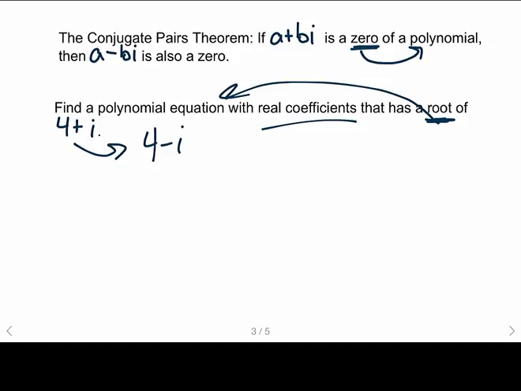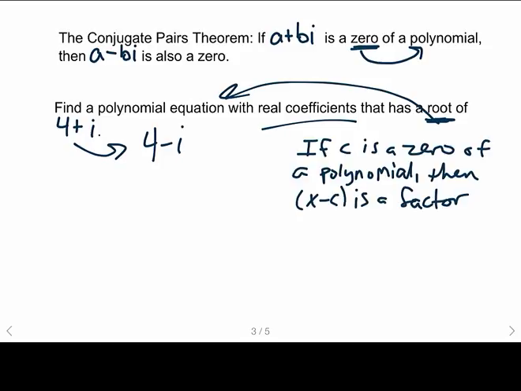The other thing that we have going on is what we just saw. That is, if c is a zero of a polynomial, then x minus c is a factor. So, if 4 plus i is a zero, then x minus (4 plus i) is a factor. And because 4 plus i is in parentheses, we have square brackets around that.